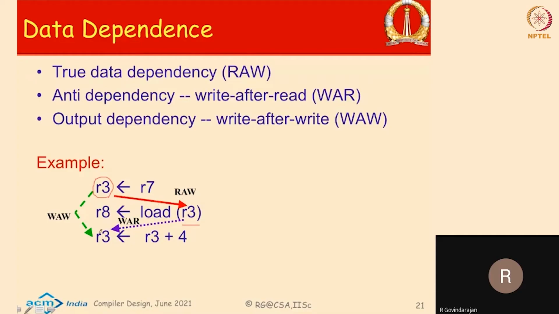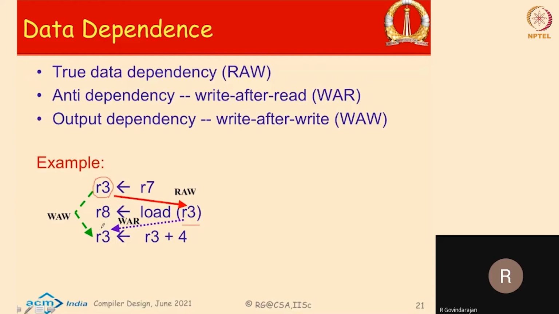If you try to overwrite the R3 register before this instruction has executed the load operation, or before it has read the value of R3 for the load operation, then this instruction would not complete properly, and therefore this write must happen only after this read. So this write after read is essentially the anti-dependency, and that is what is being talked about here.